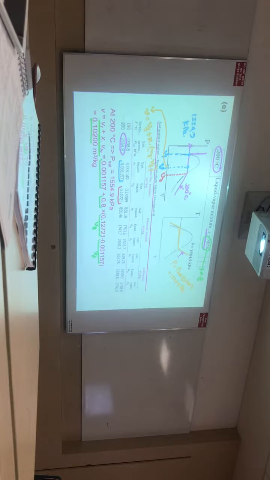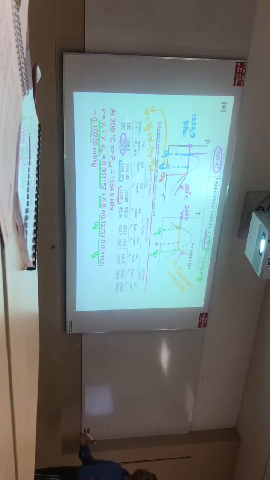And this temperature is 200 degrees Celsius. Okay, so if you draw one line this way, this is VF. If you draw another line, this is VG. Then I am going to find 80% somewhere here. This is V. Okay, this is the understanding.